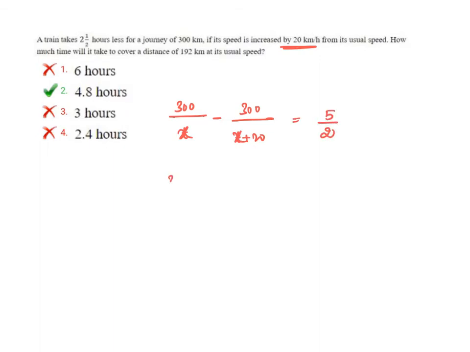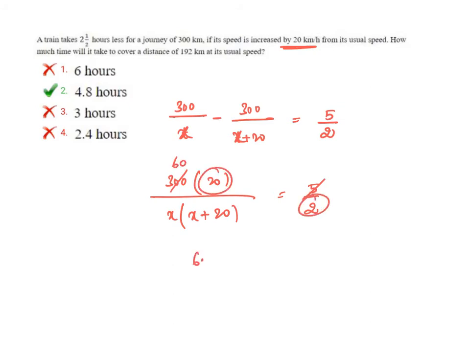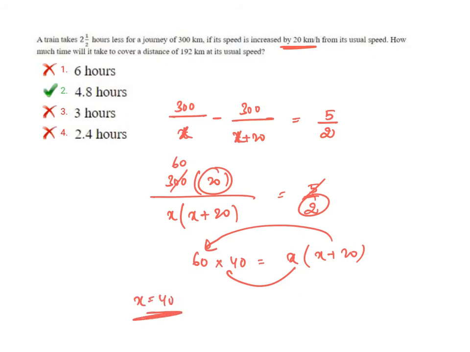Take the LCM, 300 you take common, x plus 20 minus x is 20. In the denominator you get x into (x plus 20) is equal to 5 by 2. Cancel it in the 5 table. 20 into 2 is 40. Therefore 60 into 40 is x into (x plus 20). If you compare it, x is 40, x plus 20 is 60. Therefore x is 40. The speed which we need is 40.